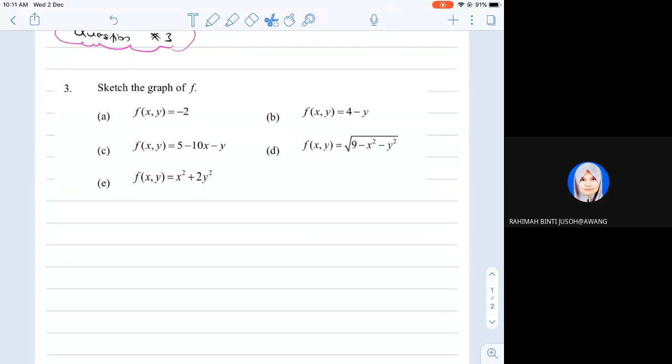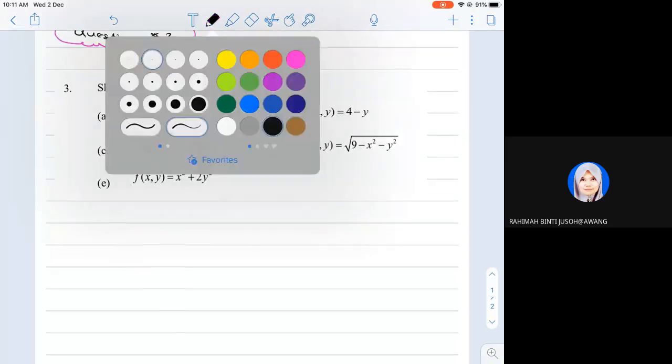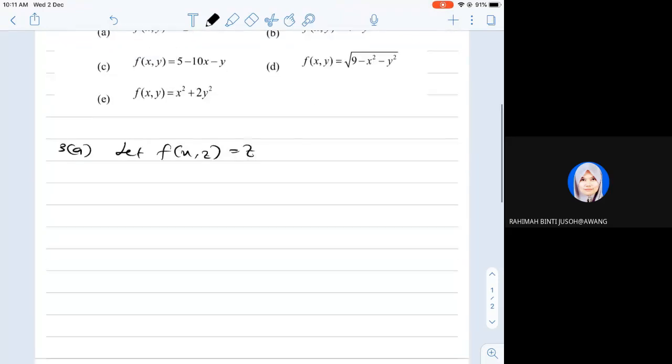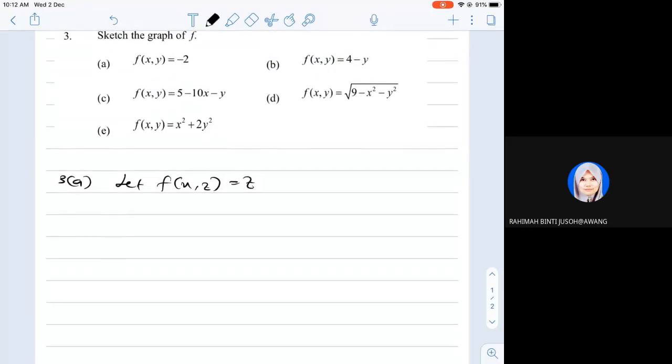So sketch the graph of 3a. First of all, what you should do, guys, is let f(x,y) equal z. So when f(x,y) equals negative 2, of course z equals negative 2.